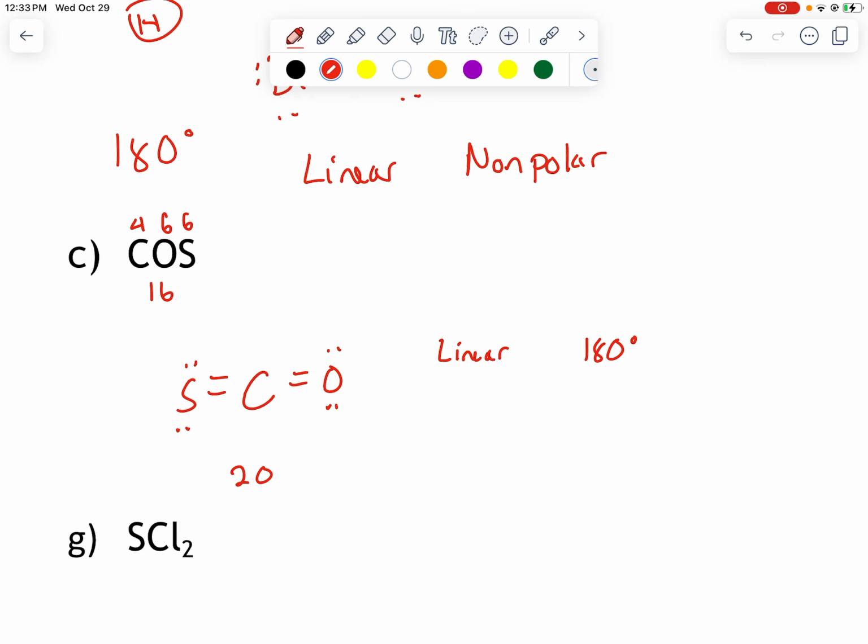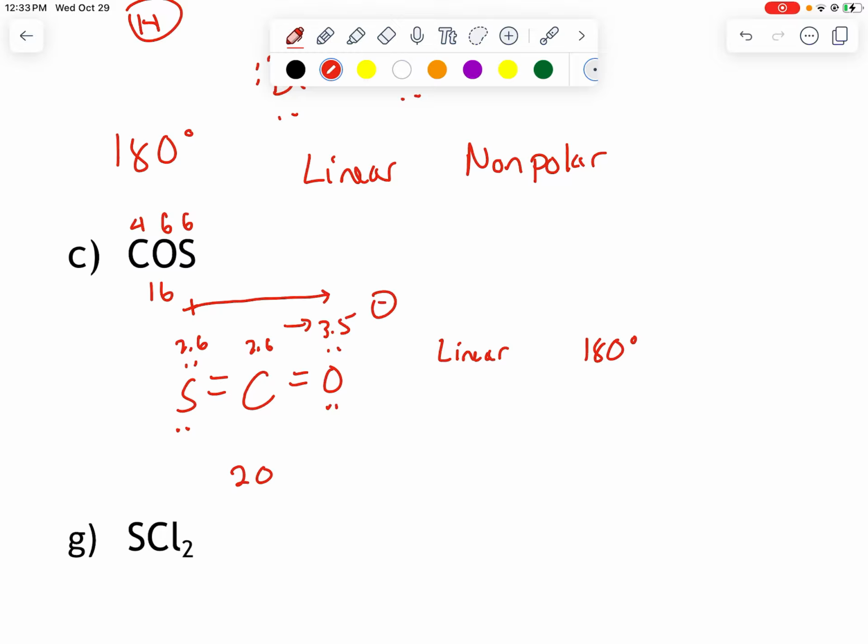The electronegativity difference between carbon and sulfur, they're both 2.6. So this bond right here is actually nonpolar. Oxygen is 3.5. So your bond arrow is going to point towards the oxygen. So you do have a dipole moment. It's going to point here.